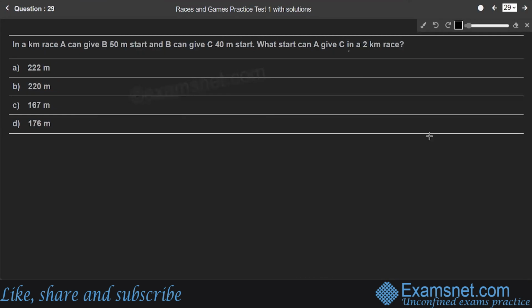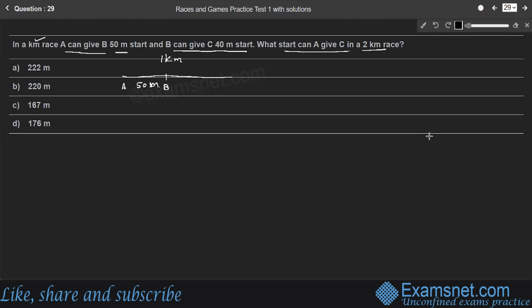Question number 29. In a kilometer race, A can give B 50 meters start, B can give C 40 meters start. What start can A give C in 2 kilometer race? So students will consider 1 kilometer race, right? So in that, A can give B 50 meters start. That means B is ahead of A by 50 meter.